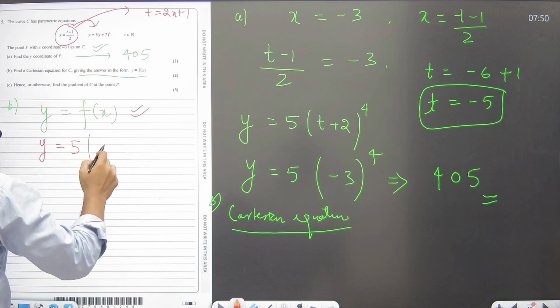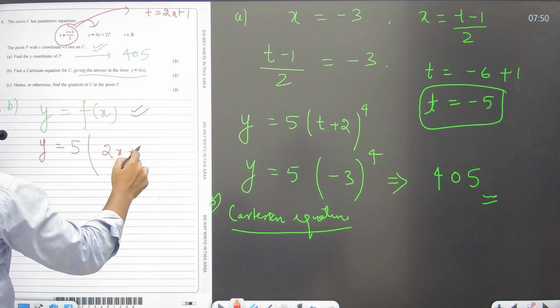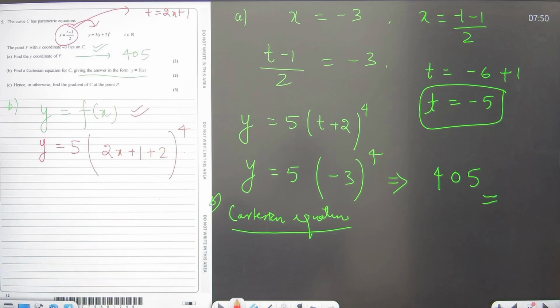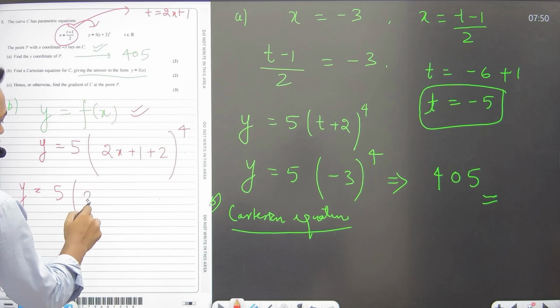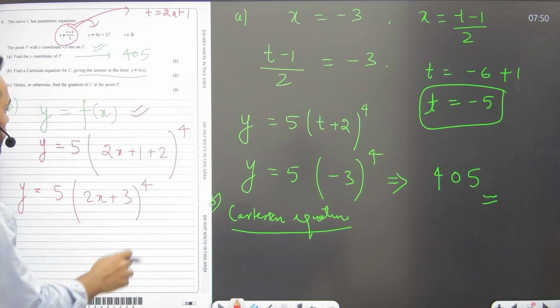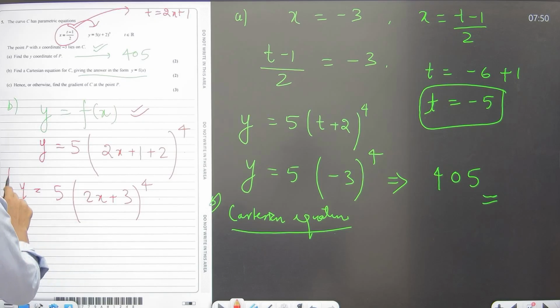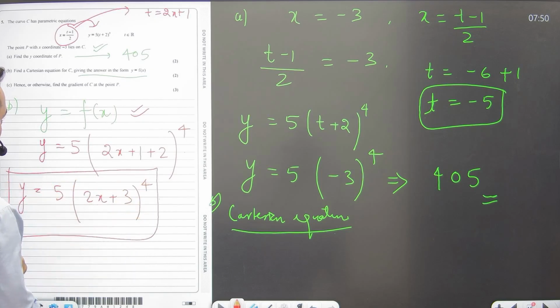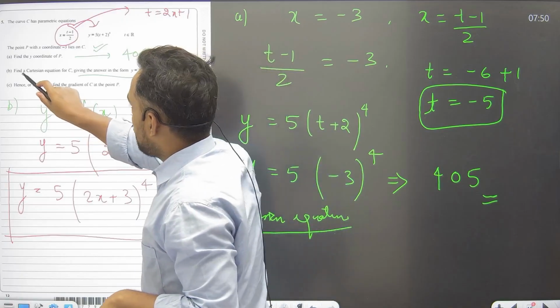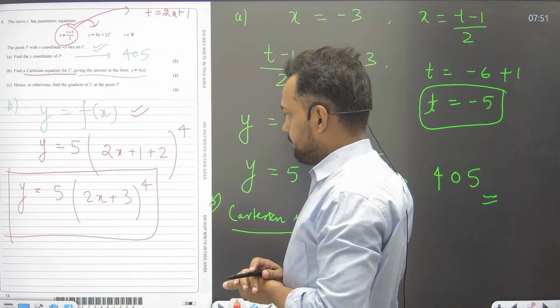So here you will get (5 times (2x plus 1) plus 2) raised to the power 4. So y will be equal to (5 times 2x plus 3) raised to the power 4. Okay, so this is the y equals f(x) format which they were asking for in Cartesian equation format.